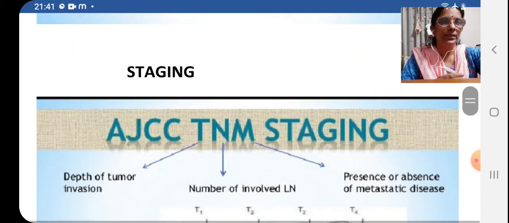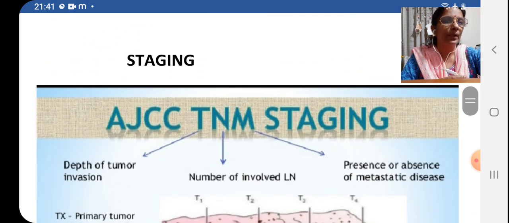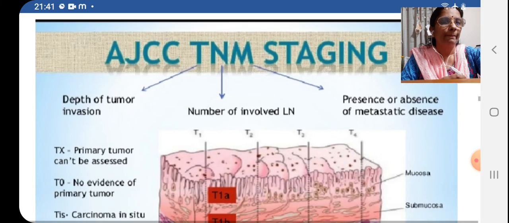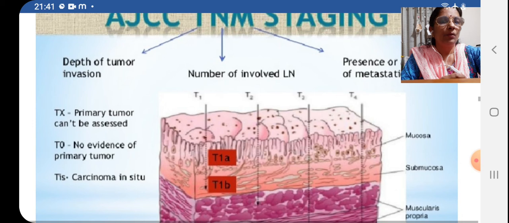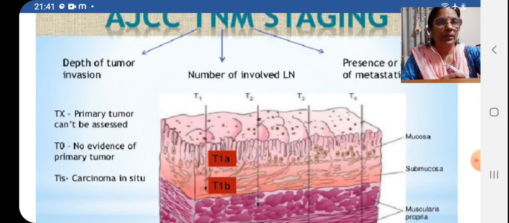Then coming to the staging, we go for TNM staging. Just like any other tumor, AJCC TNM staging. T is tumor invasion, N is lymph node involvement, and M is the presence or absence of metastatic disease. The number of nodes involved and the depth of tumor invasion.